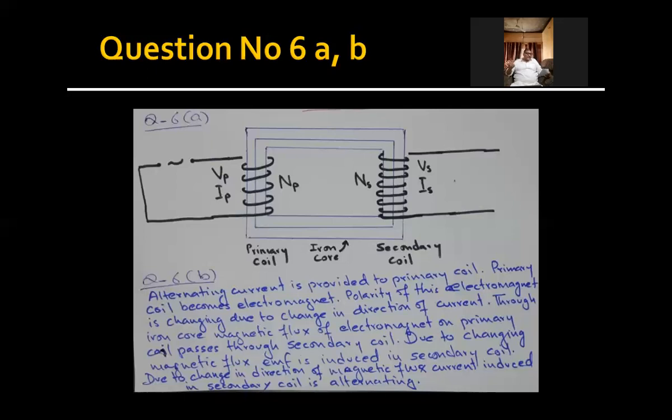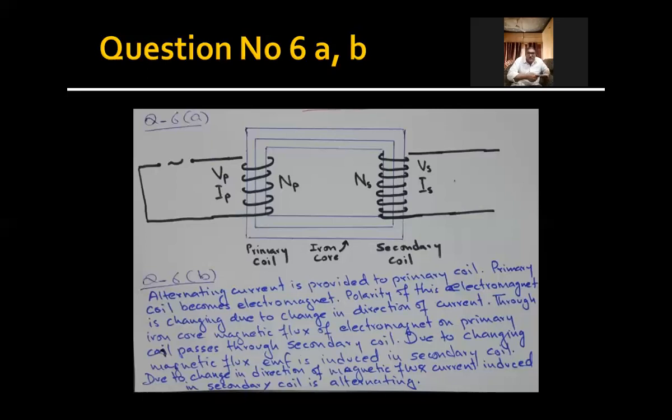Due to changing magnetic flux, EMF is induced in the secondary coil. Due to the change in direction of the magnetic flux, current will be induced in the secondary coil. The current induced in the secondary coil is alternating. So this was question number 6, B part.